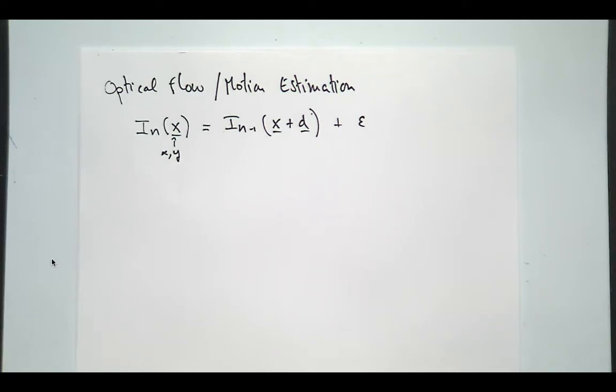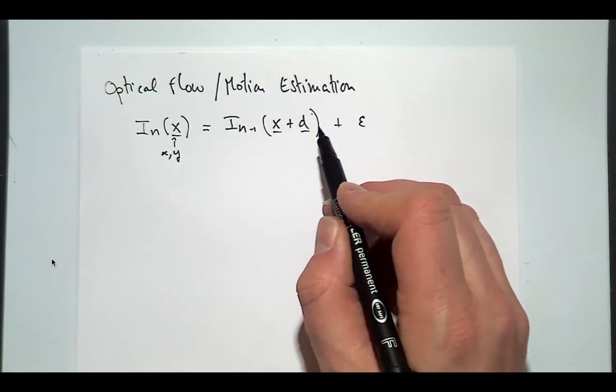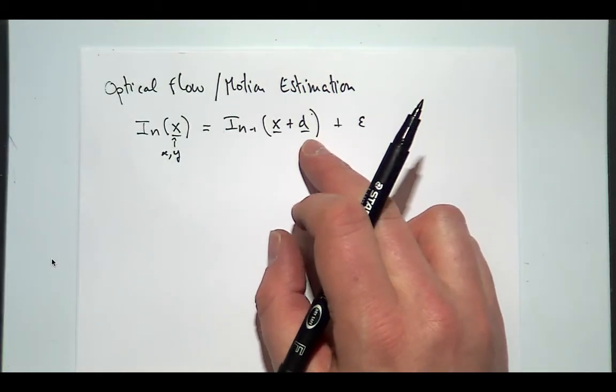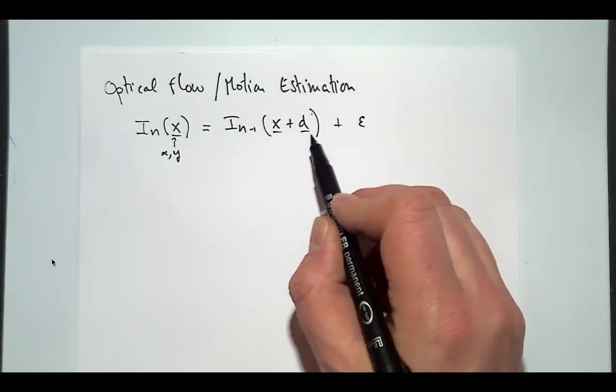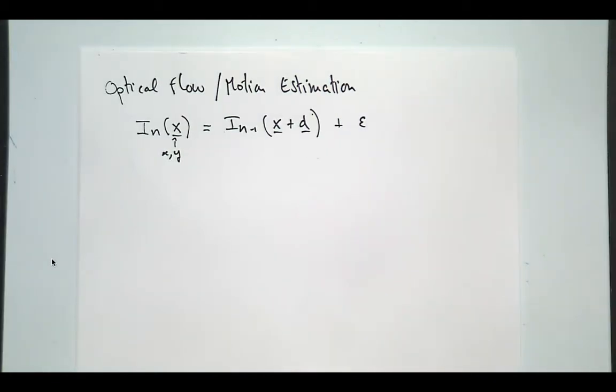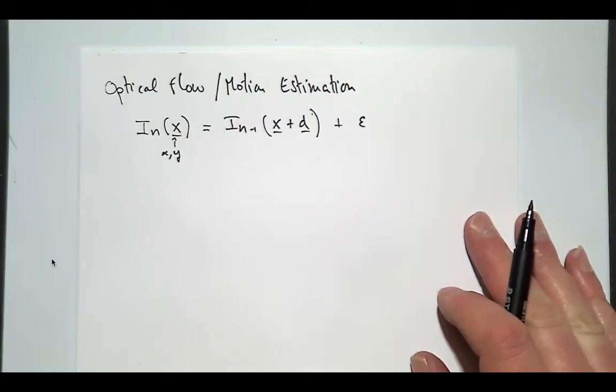Now, when we do block matching, what we really say is that within a block, the displacement vector would be the same. A priori, this displacement will change from pixel to pixel, and that's the whole point of the exercise.